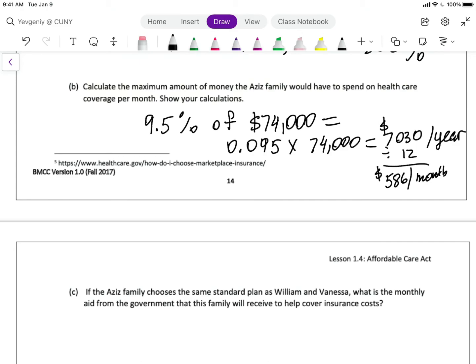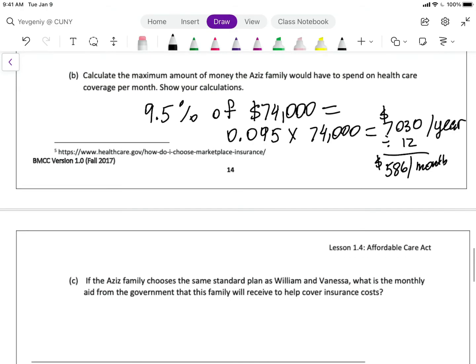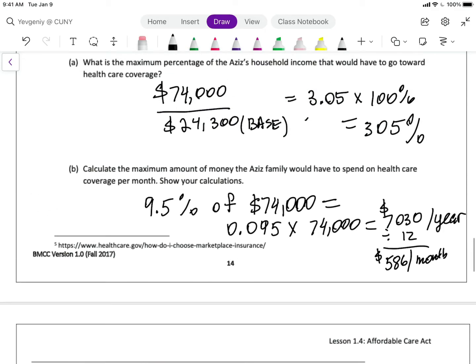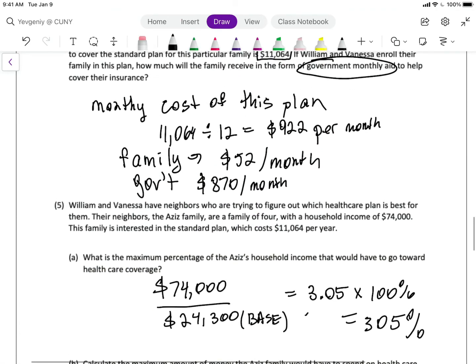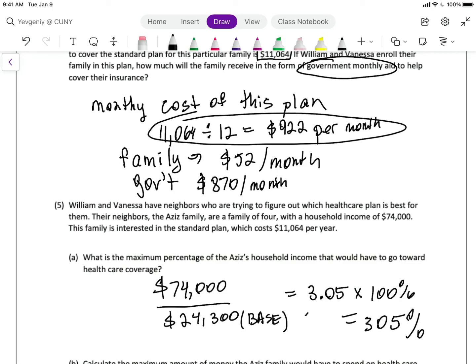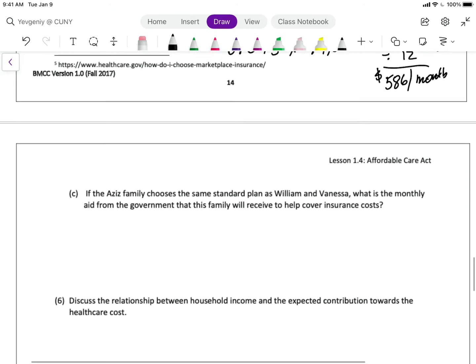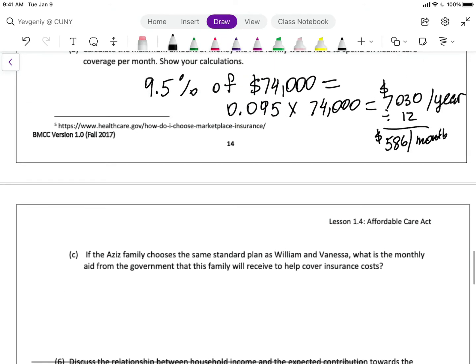Oh, actually it does. In Part C, it says if the Aziz family chooses the same standard plan as William and Vanessa, then what would be the government aid? Remember that the plan itself costs $11,000, so it's $922 a month. That's the cost of the plan.